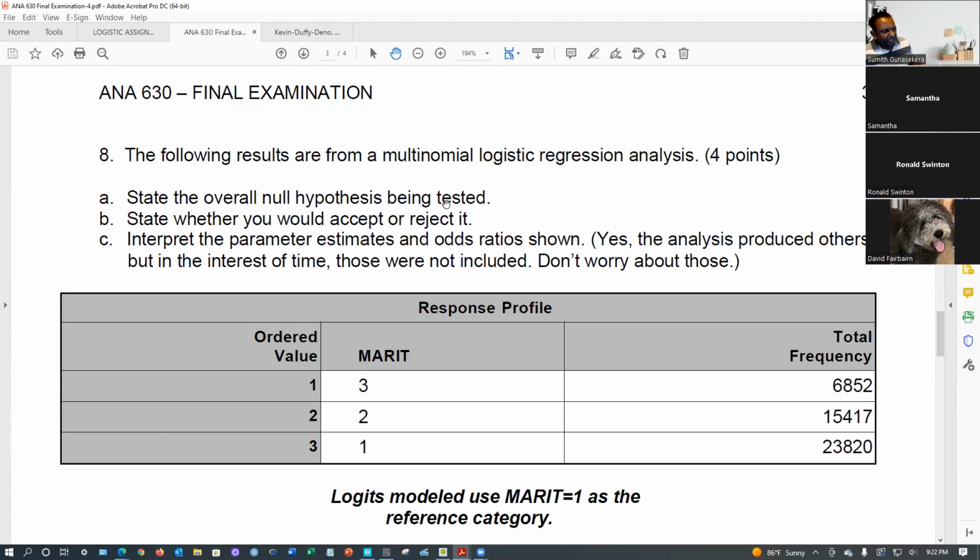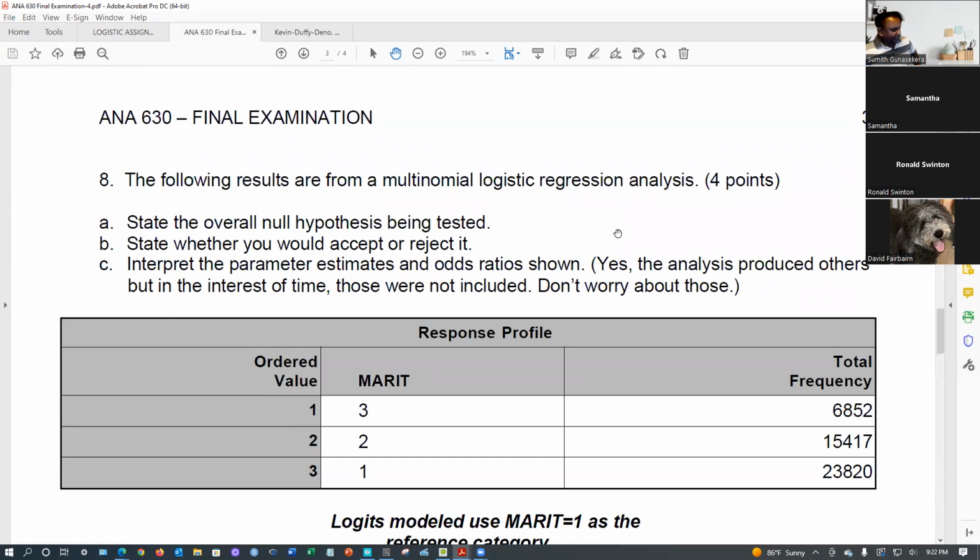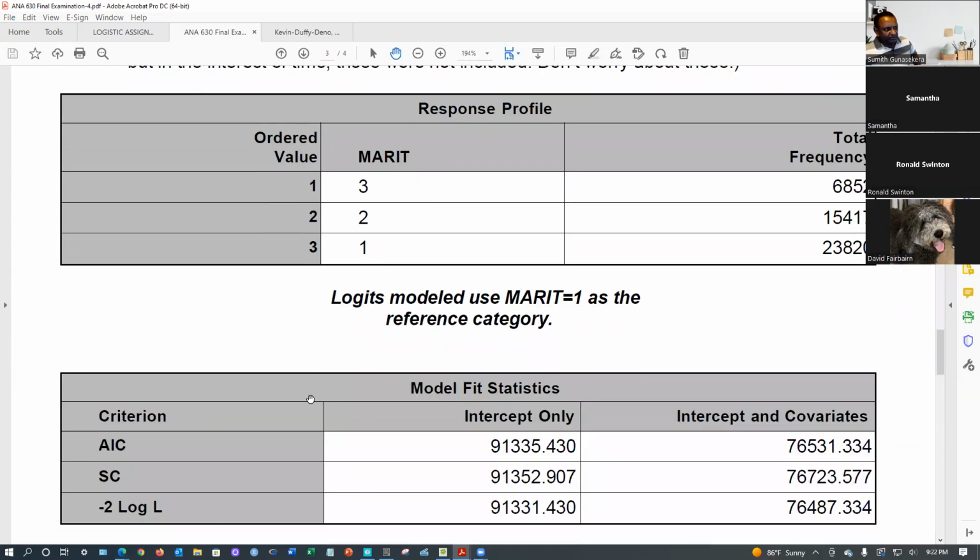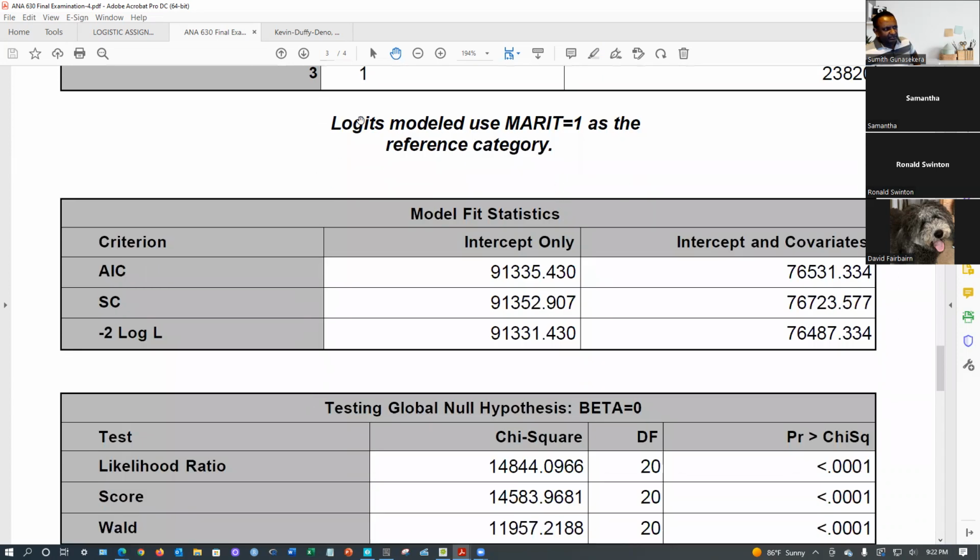State the overall null hypothesis being tested. State whether you would accept or reject it. Interpret the parameter estimate and odds ratio shown. Yes, the analysis produced other output, but in the interest of time, those were not included. Don't worry about those. So state the overall null hypothesis based on what you have seen here. You have this logit model, with marital status one as the reference category.